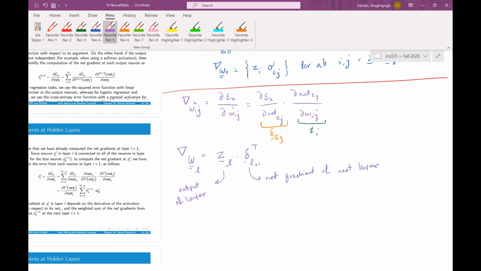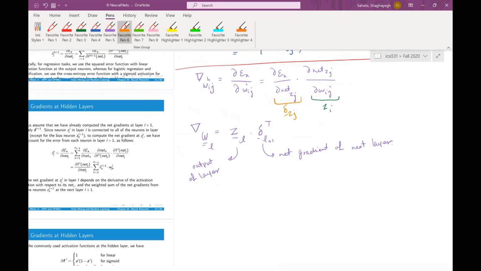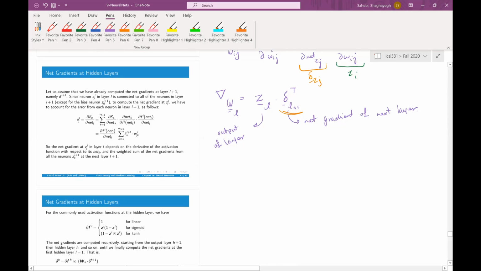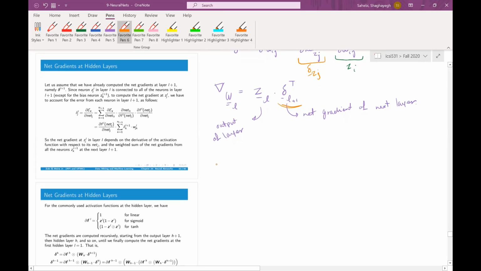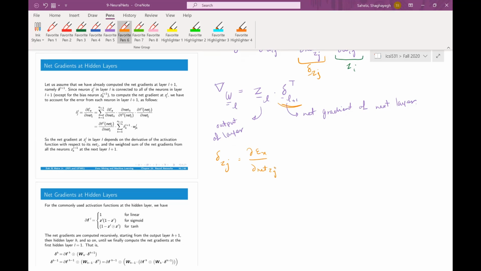Now, to calculate the net gradient, so this is the net gradient that we have here. To calculate the net gradients, we also had this formulation that we said that the net gradient for Zj, for example, is the derivative of error with respect to net Zj, right? And that was basically a combination of the weights that built our Zj and then the nets that we had, right?